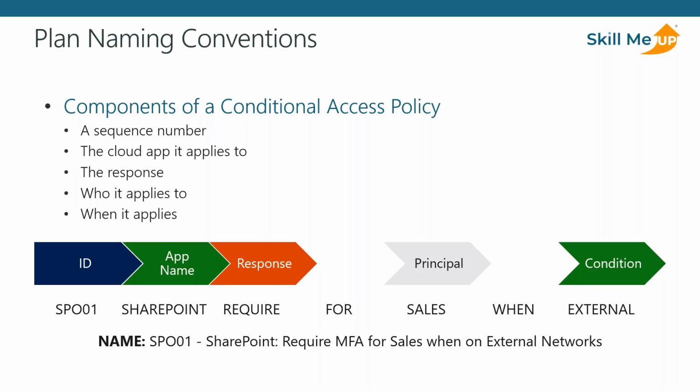So it means that when you go to your list of conditional access policies, you have a nice naming convention of things that are there. Now, this is just one that I thought was helpful. You won't necessarily see them in the exam named this way, but this is one that's helpful.